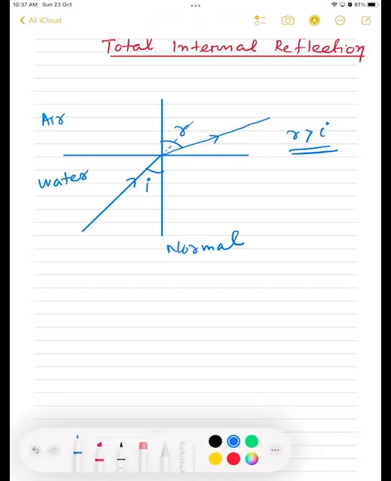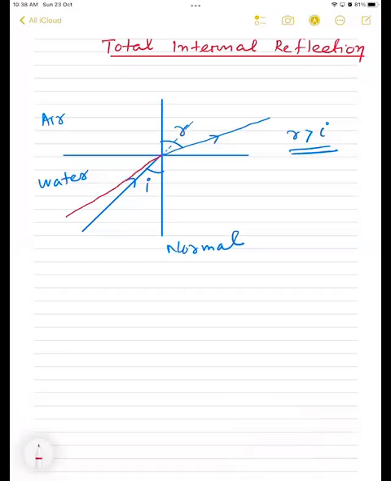If you again increase the angle of incidence, the angle of refraction will also increase. Do you realize? Just 1 minute, students. So this particular point will come where, when you make the ray incident, it will go along the surface.